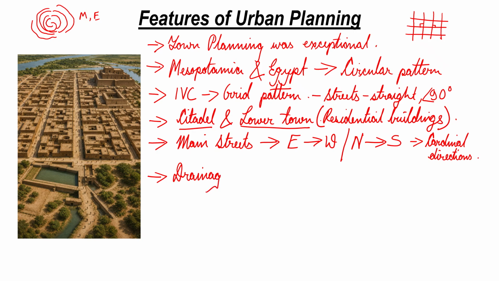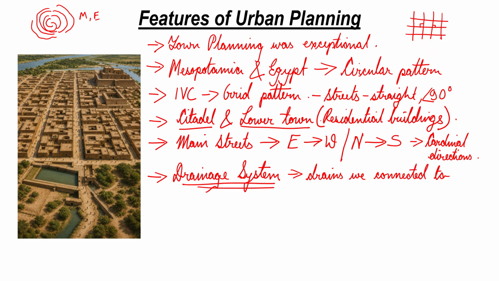The next important thing is the drainage system. Now, this thing requires a separate discussion on its own because this drainage system was very efficient and drains were connected to the main street drains.